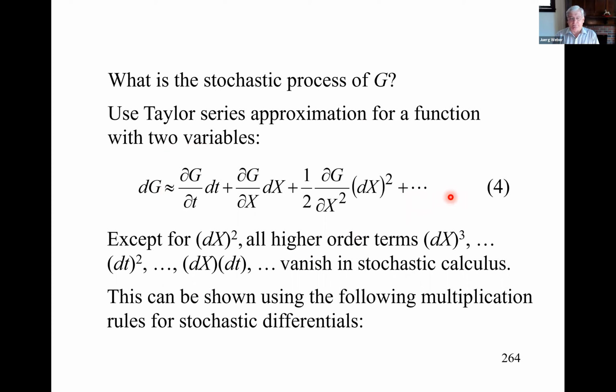They vanish. So we can approximate the change in G just by those two first order terms and this single second order term of x. And all the higher order terms will be zero. So that's what the Ito equation is about.